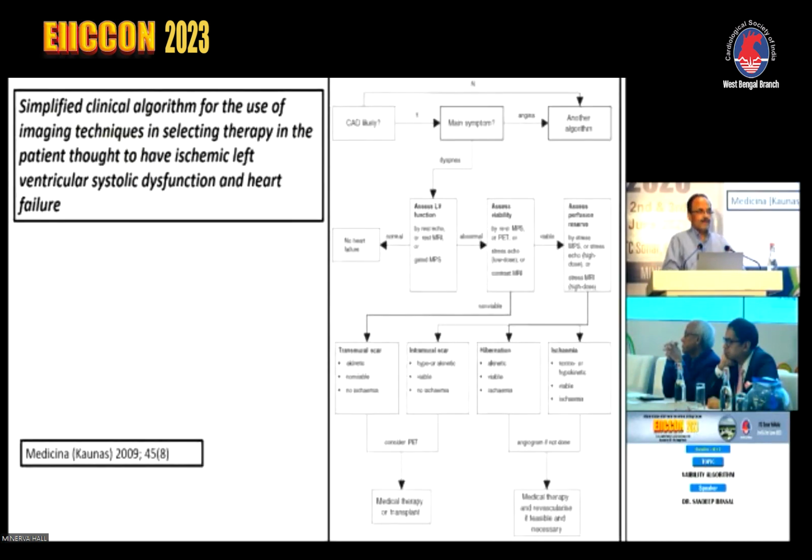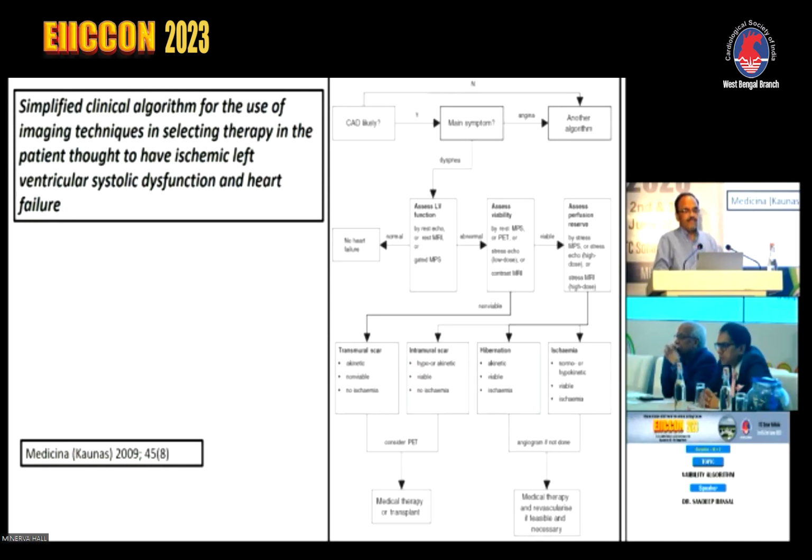Now, the topic was actually the algorithms. So this is the most simple algorithm. If you have coronary artery disease and the patient has angina, he doesn't fall into this viability testing. If he has predominantly dyspnea, you check for left ventricular function. If the left ventricular function is normal, even this person does not need any viability testing.